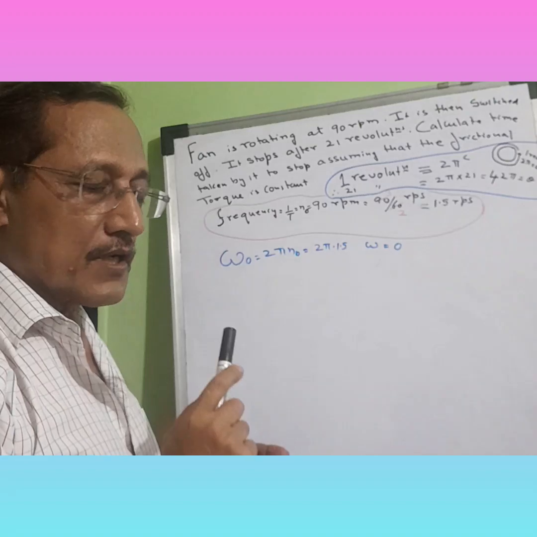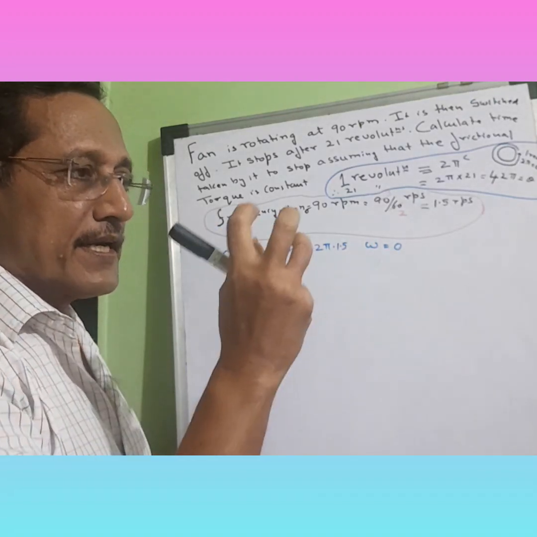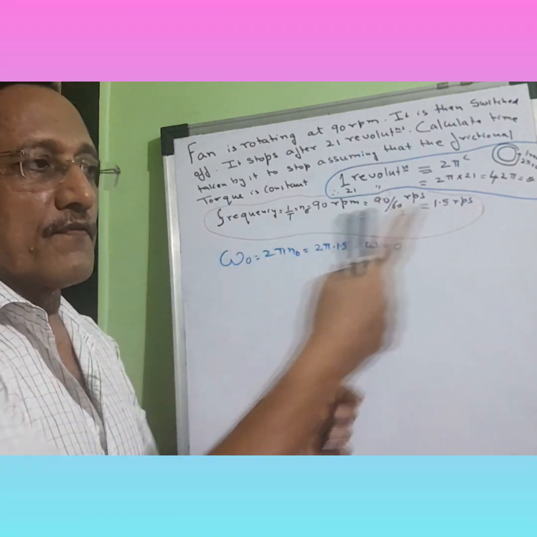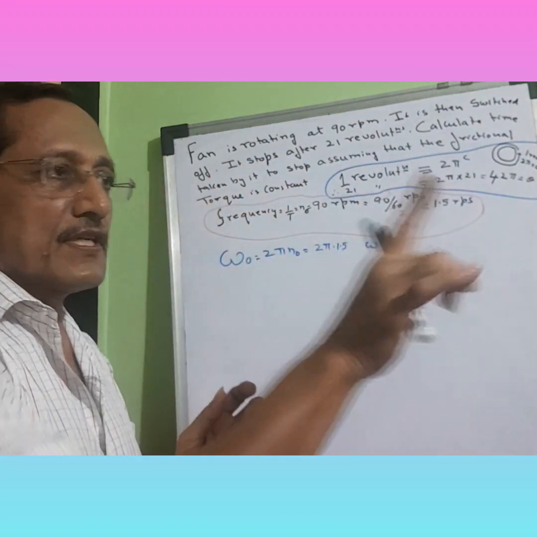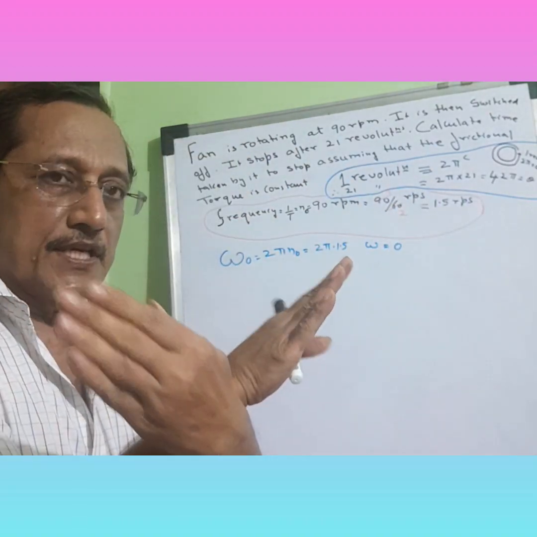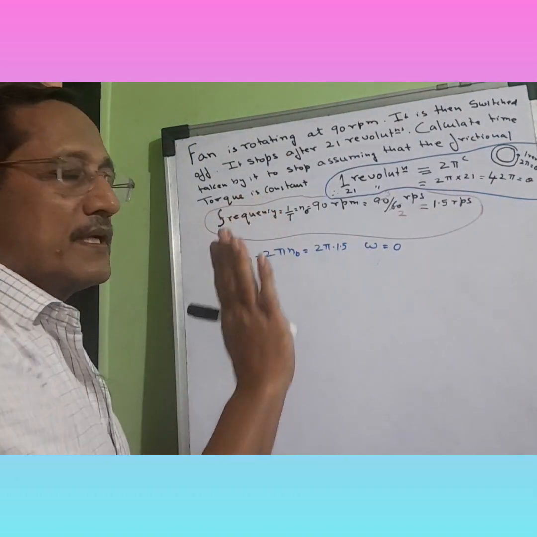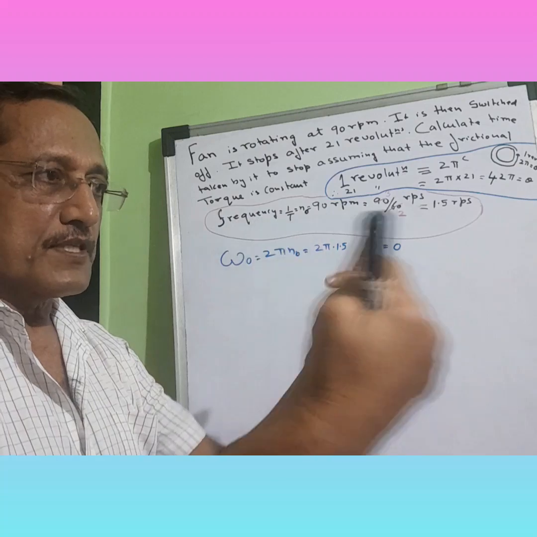What do you mean by friction torque is constant? There are ball bearings and all those things which are also applying opposite force. Fan is moving this way, the frictional force is in the opposite direction. So we are assuming that frictional torque to be constant. Now frictional force means it's two forces.